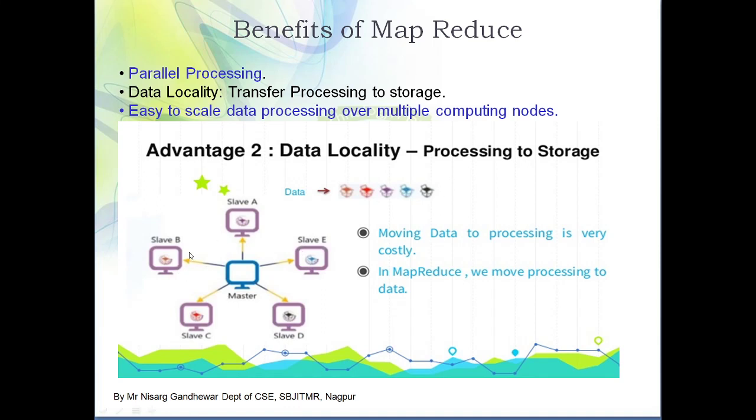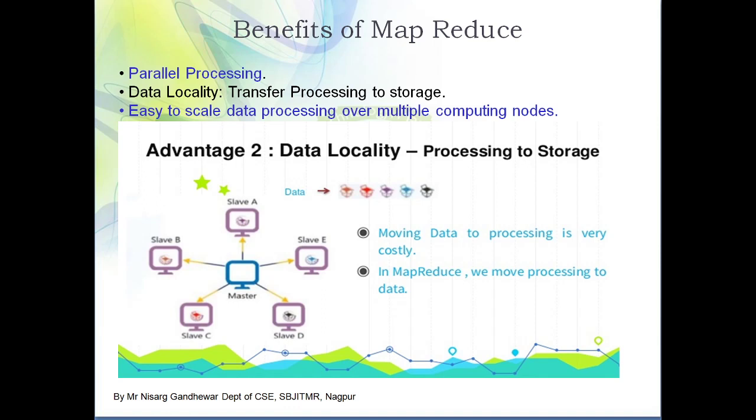The task is divided into 5 subtasks and assigned to different nodes. Then nodes A, B, C, D, E process the data and submit the result to the master node, and then the master node combines or aggregates these results and formulates the final result. In this way, parallel processing not only saves your time, but it also helps to reduce the processing power.